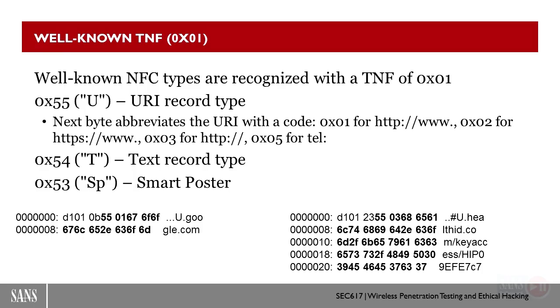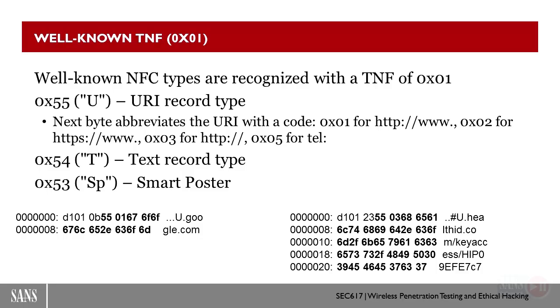All right, looking at the well-known TNF, with 01, we can then have some subtypes of specific indicators on how we should process data with some shortcuts. So we don't have to have large amounts of data for, say, a URL. We can abbreviate that with some of the additional subtypes.